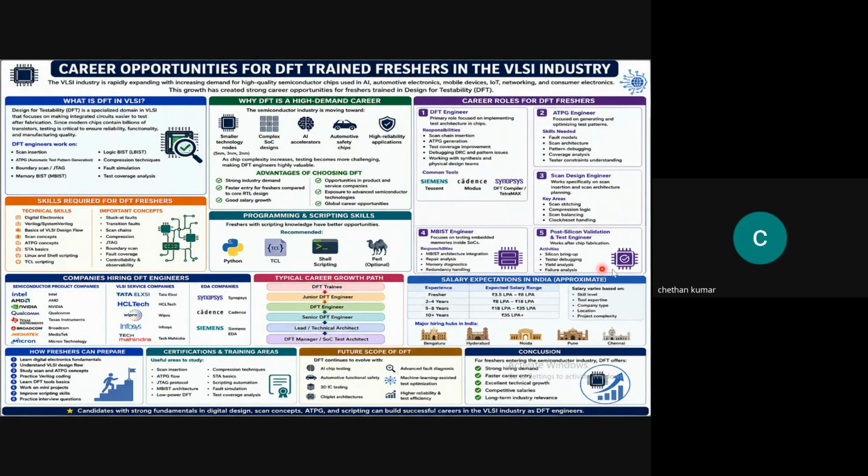This is just a rough estimation I put, with very low numbers. In the industry, for DFT engineers, 5 to 6 lakhs times your years of experience is the expected salary. It also goes up based on your skill set, where you are located, which company you work in, and project demand.